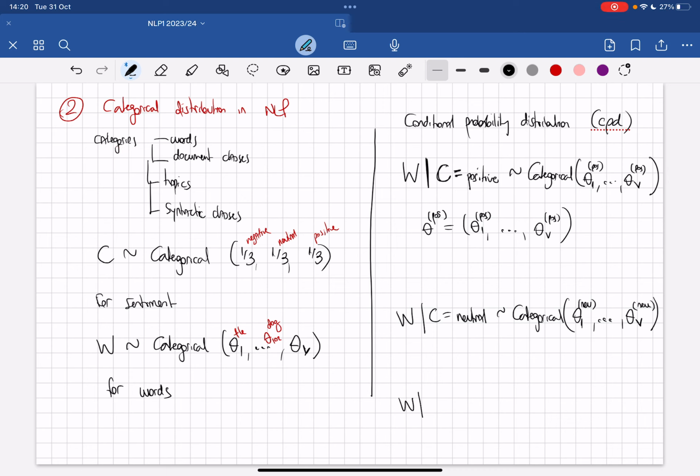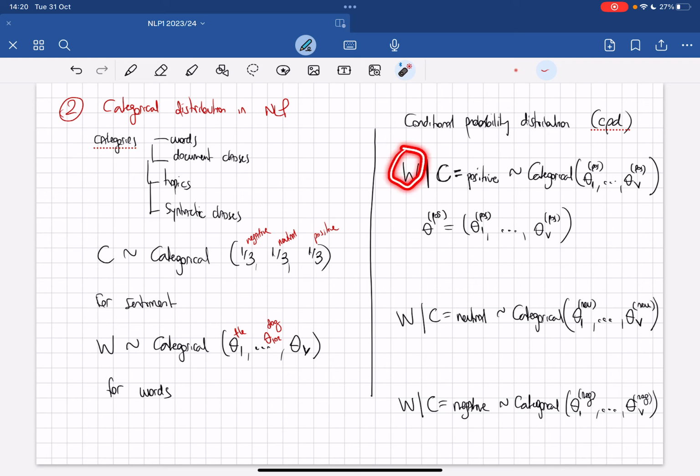Or even the negative case. So see that to specify the distribution of the random variable w, I need to know the class. The class is positive. Okay, so this is the distribution. Those v numbers specific to the positive case will specify the PMF of this random variable.